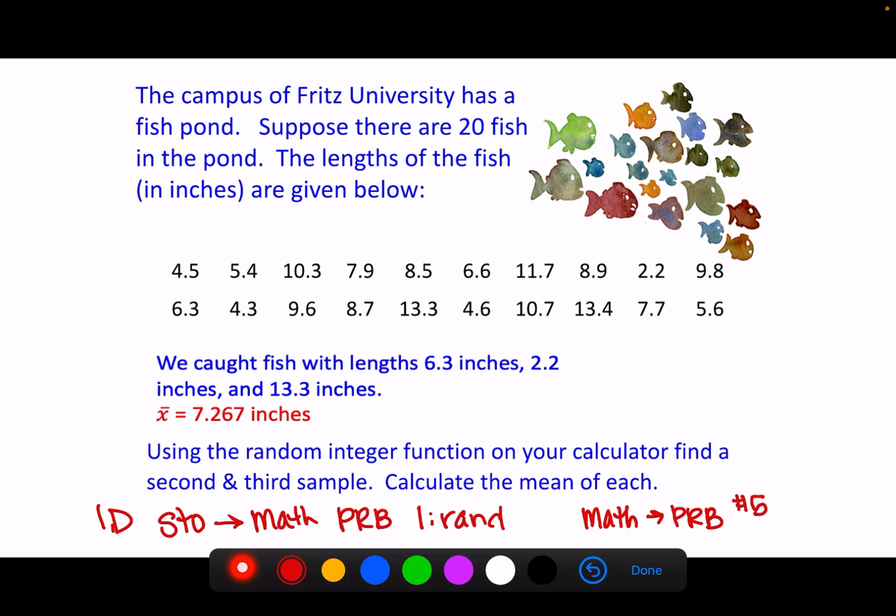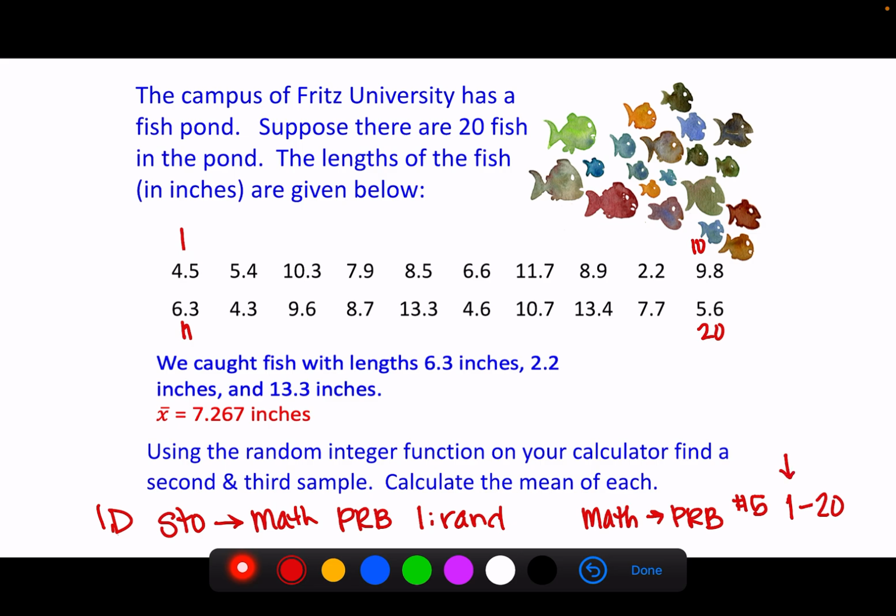And these go 1 through 10, and this is number 11 through 20. So I would do 1 to 20. For my lower bound, I put 1. For my upper bound, I put 20. And for my n, I'm going to put 1.